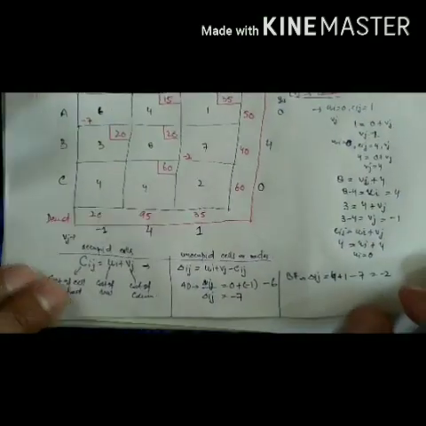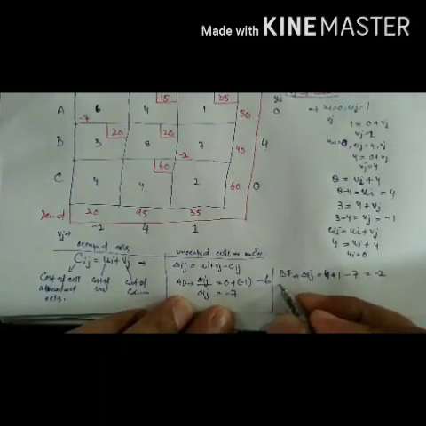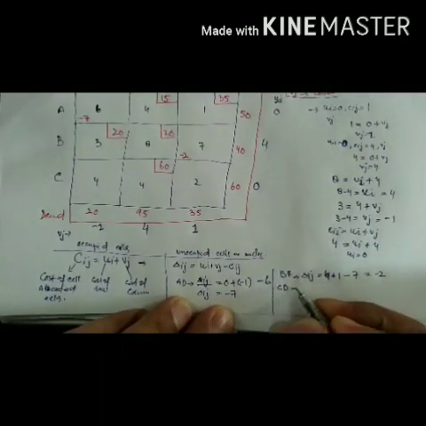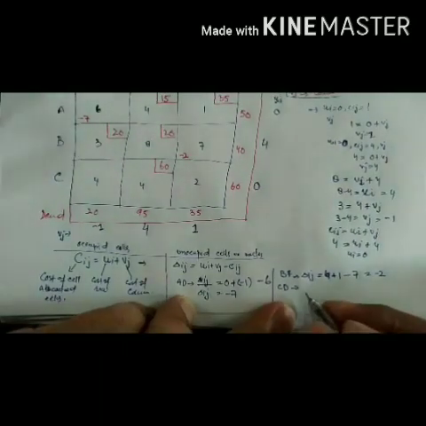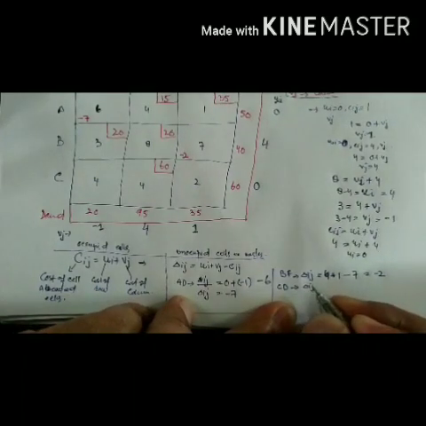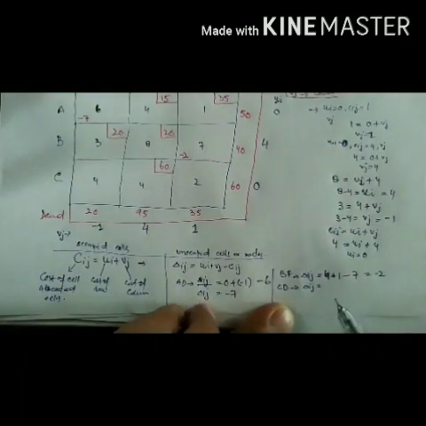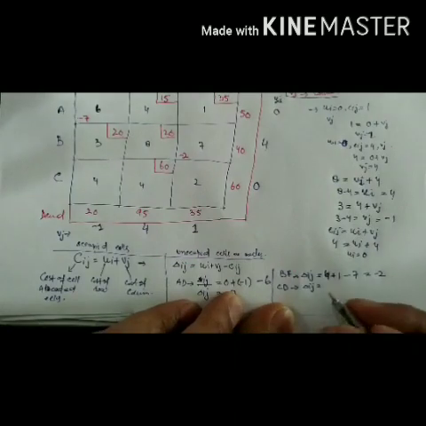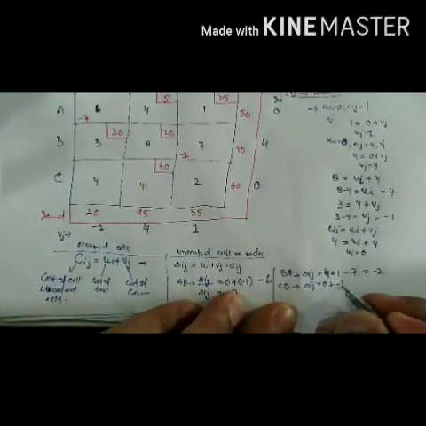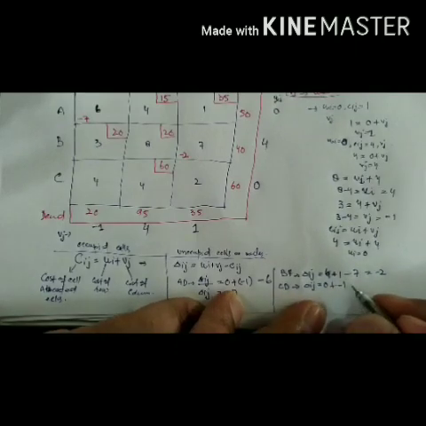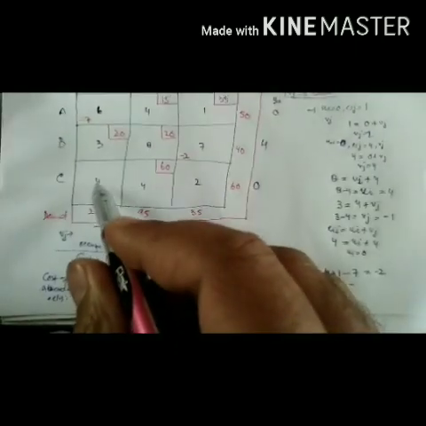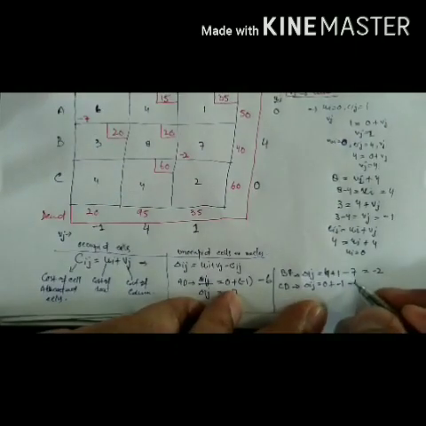After that, I will calculate another route, this is route CD. For route CD, del Ij will be equal to Ui of this route, that is 0, plus Vj, that is minus 1, minus the cost Cij, which is 4.